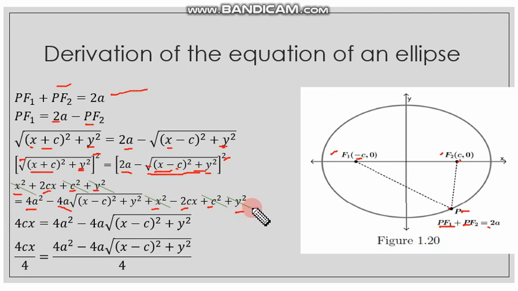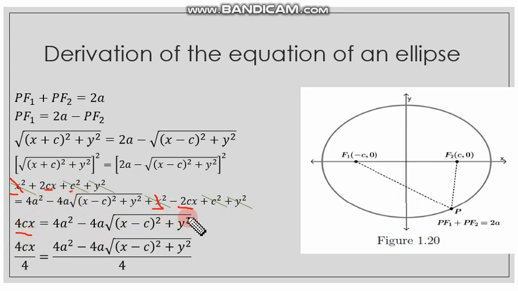Okay, so let's combine the same terms. We have x squared on the left side and x squared on the right side. If we transpose that, x squared minus x squared is equal to 0, so let's cancel this one. Next is the 2cx. On the right side we have negative 2cx. If we transpose that to the left, 2cx plus 2cx is 4cx.